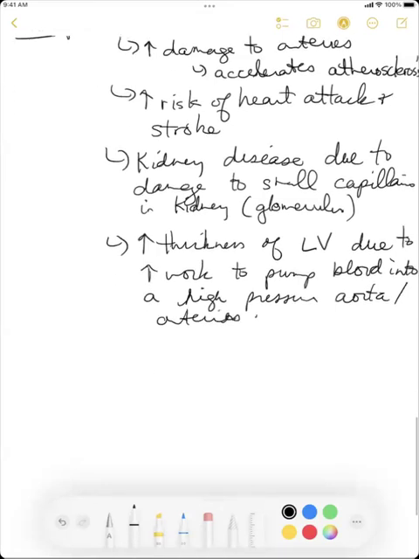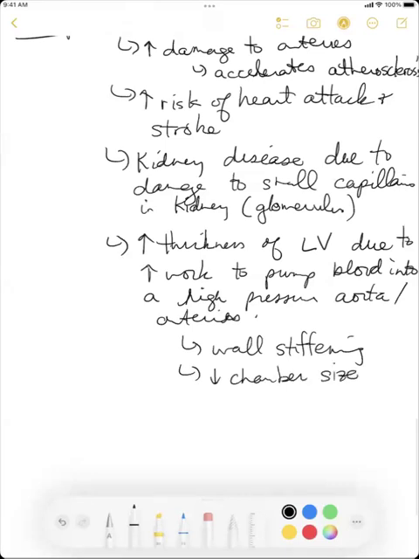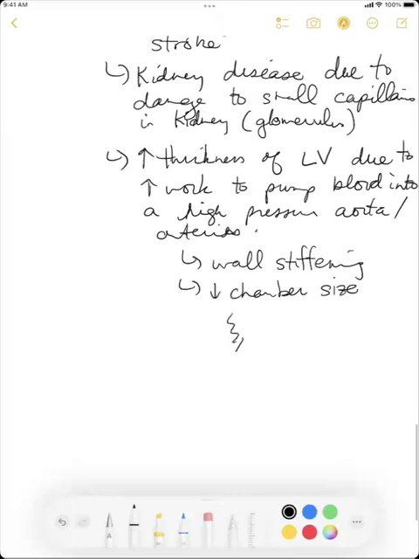What this leads to is wall stiffening. It leads to decreased chamber size. And therefore, you can't effectively pump the amount of blood that you need to. And eventually, what ends up happening is that a person goes into heart failure.